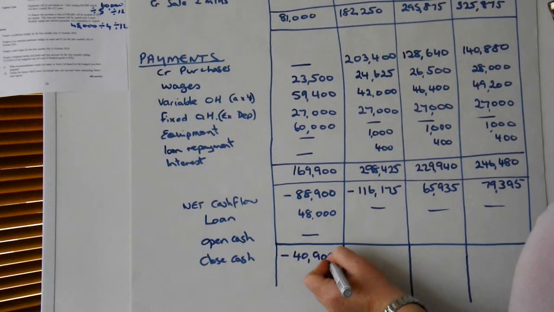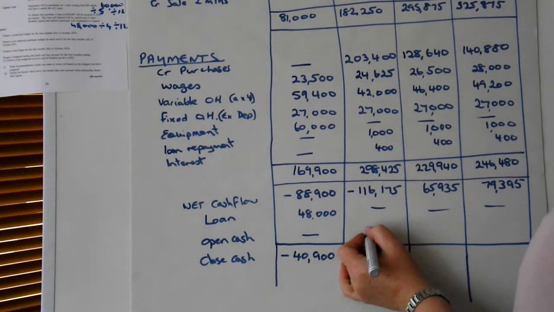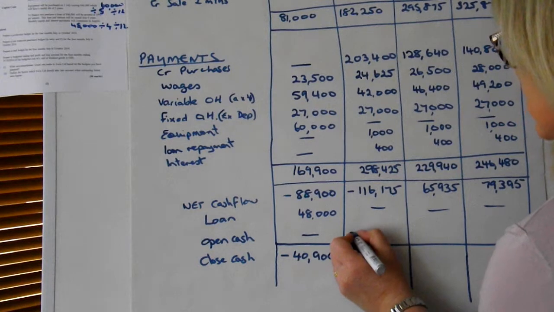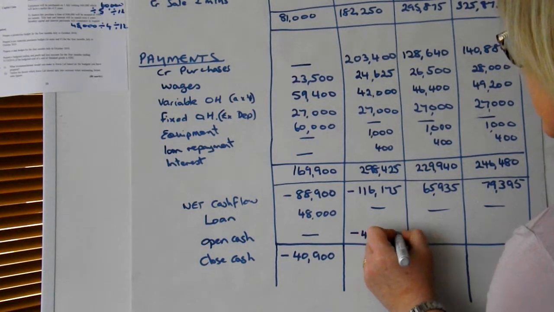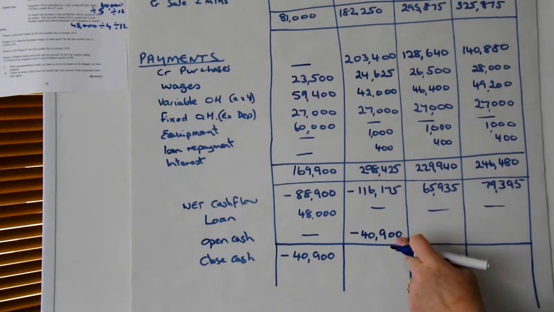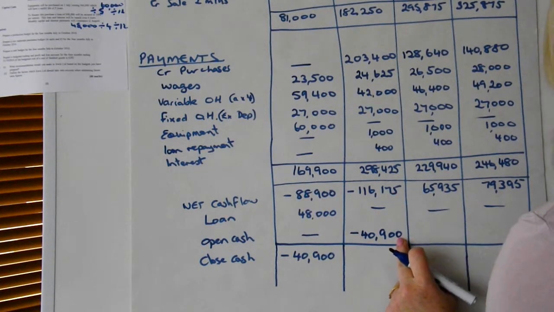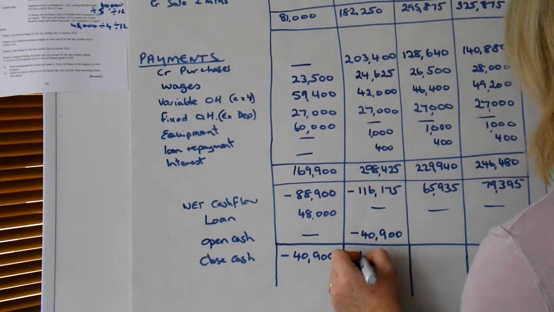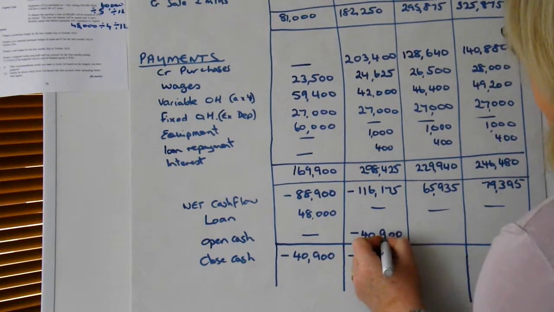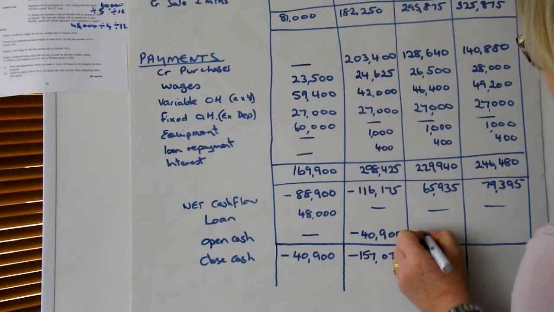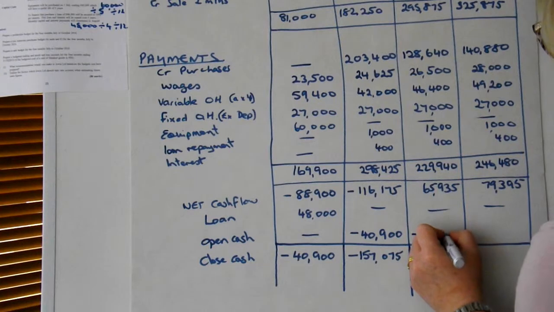My closing for July becomes my opening for August. So I carry up the minus there of 40,900. So I have a large minus figure then for August when I put those two together. And again, that becomes my opening for September, the next month.